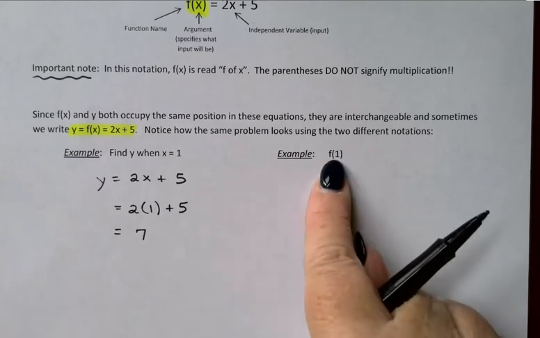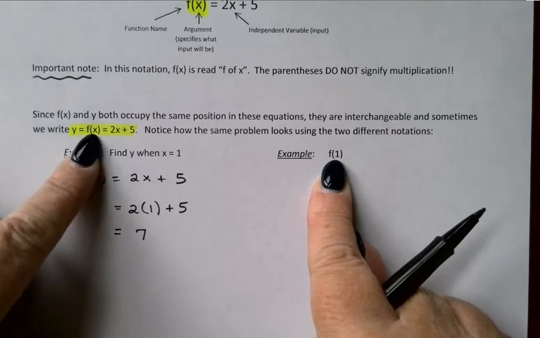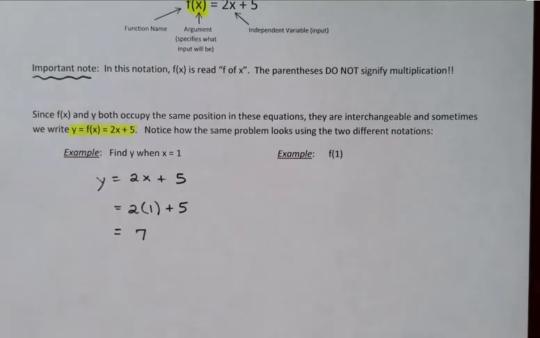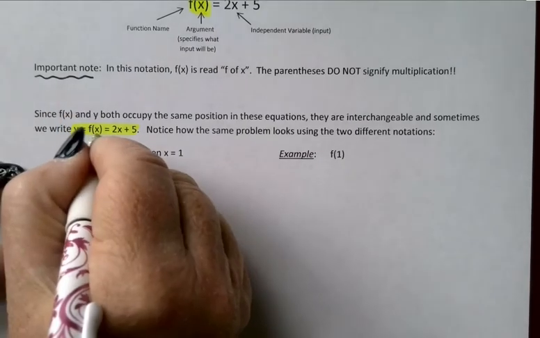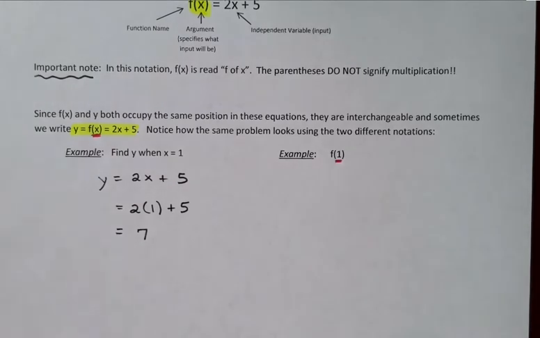If I want to do that same exact problem, but I have function notation, it's actually much simpler because all I have to write is f of 1. I've now told you wherever the x was, I want you to put in a 1 instead. So literally replace the x with a 1.